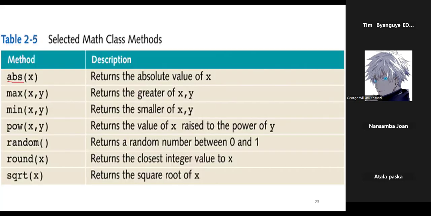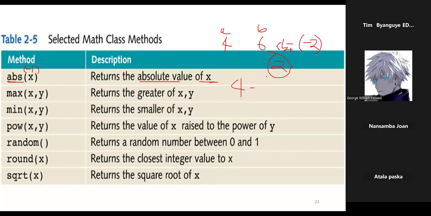You have the absolute, which returns the absolute value of x. Absolute really is, those of you that are from math, if I have absolute -1, it always returns a positive value, okay? So the reason for doing this, it could be that maybe you have a subtraction operation where you don't care whether the user has given you 4 as the value in A, and let's say 6 as the value in B. If the result here is -2, you will use the absolute function to make sure it always returns 2.